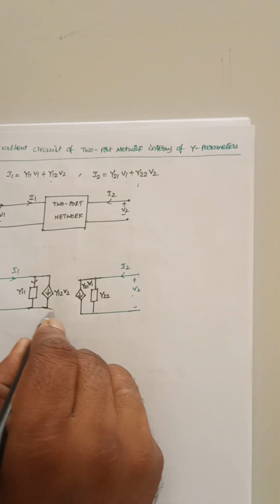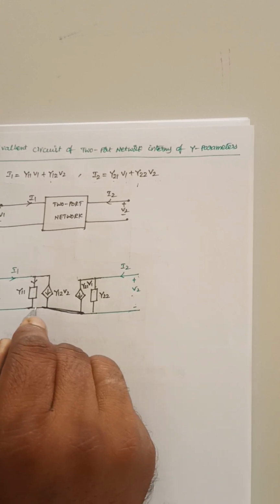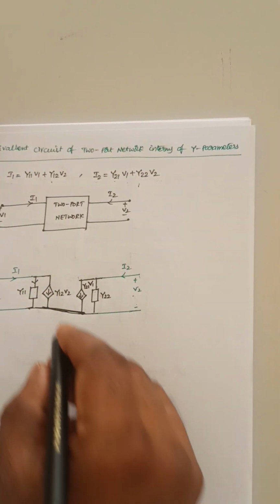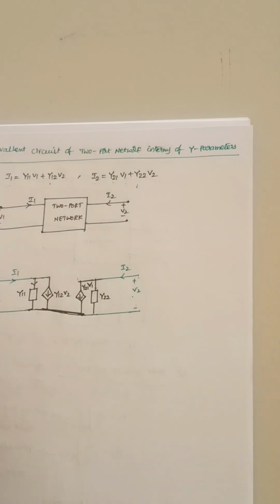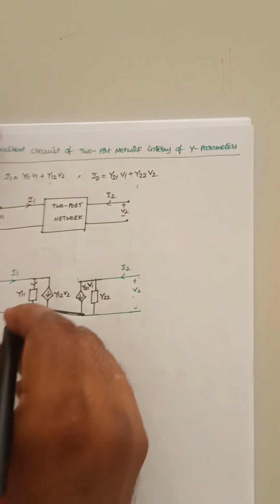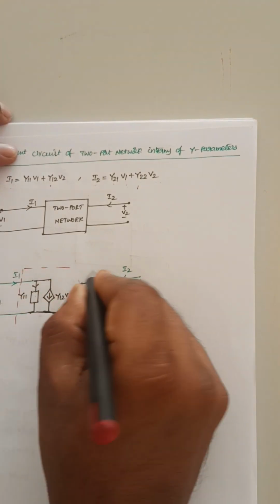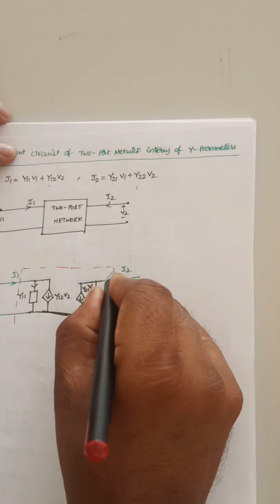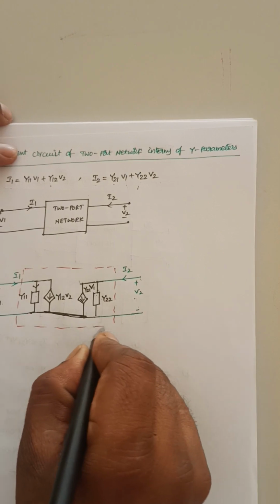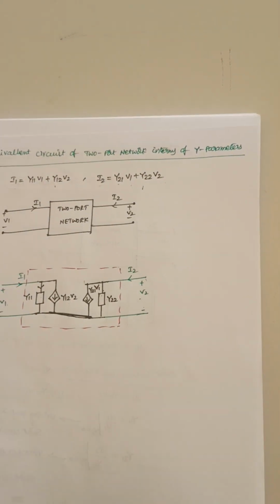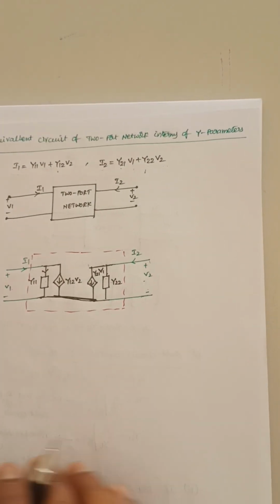Now I need to add these two things here. So this is the equivalent circuit representation of a two-port network in terms of Y parameters. This network satisfies these equations.